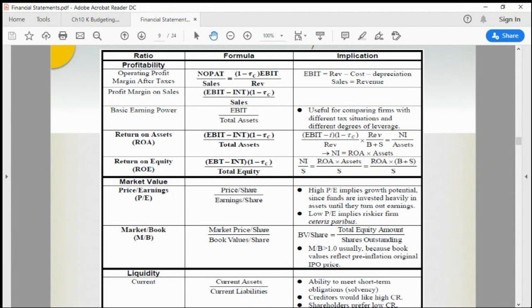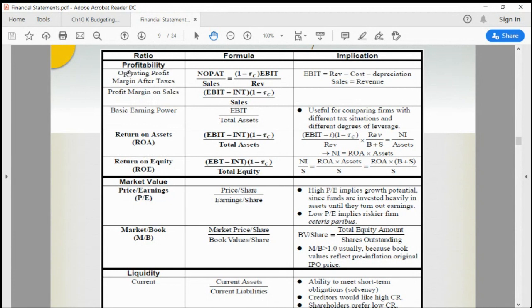So what ratios are we talking about here? Well, there are five categories of ratios, right? First category is profitability category, right? Don't pay attention to the particular line items in each category.